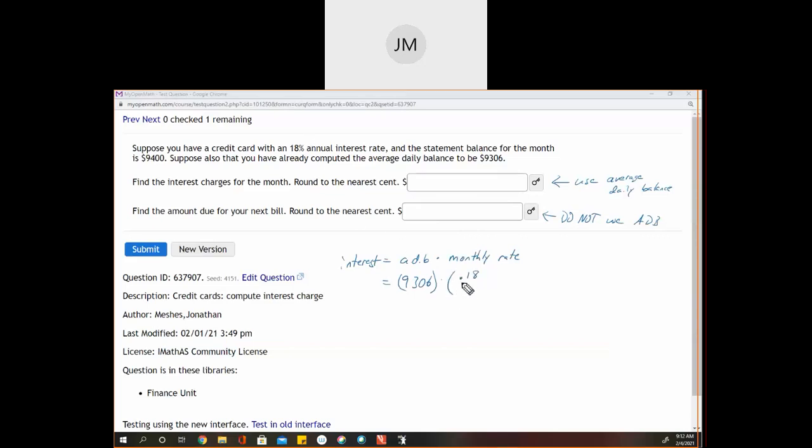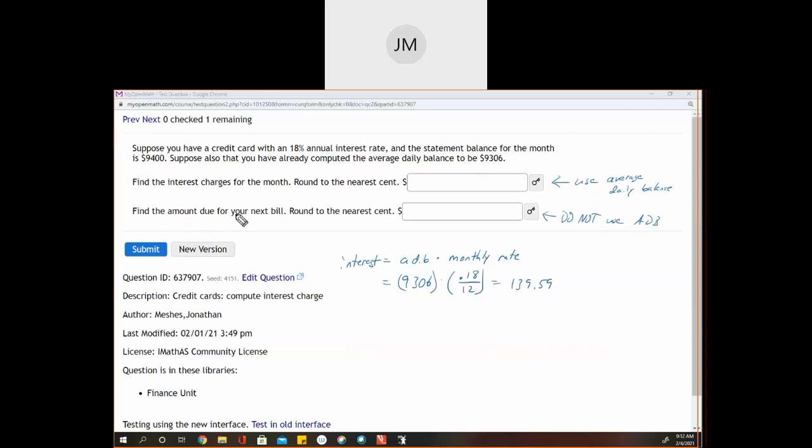As a decimal, that's 0.18. To make that a monthly rate, I divide it by 12. Okay, so we get $139.59.